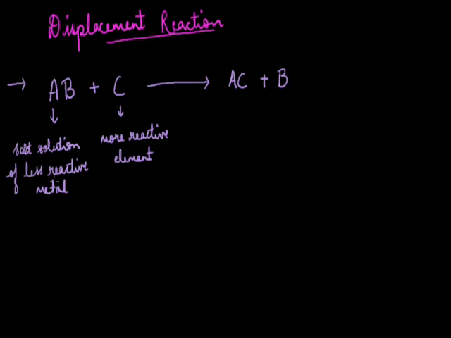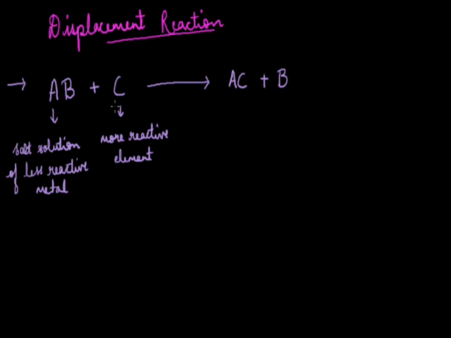The order of more reactive and less reactive is according to the reactivity series of metals. According to that we have to see which metal is more reactive and which is less. The more reactive metal will be able to displace the less reactive metal from its salt solution.